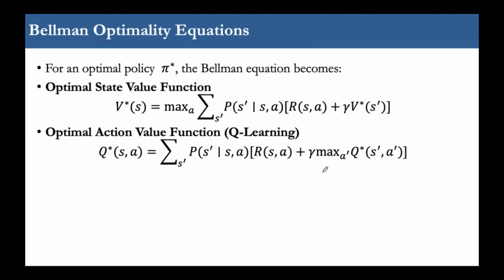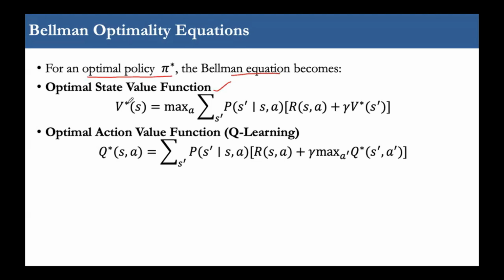Now these two functions, the state value function equation as well as the action value function equation, can be optimized. When we optimize them, we get the optimal policy pi star. So we'll see the optimal policy pi star for the Bellman equation. The first one is the optimal state value function.